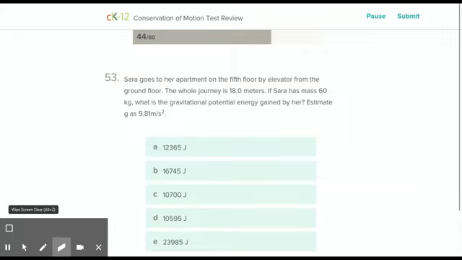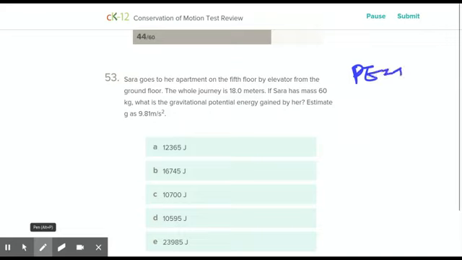Sarah goes to her apartment on the 5th floor by elevator from the ground floor. The whole journey is 18 meters. Sarah has a mass of 60 and the gravity is 9.81. Potential energy, PE equals mgh. Multiply all those numbers up: 18 times 60 times 9.81 is 10594.